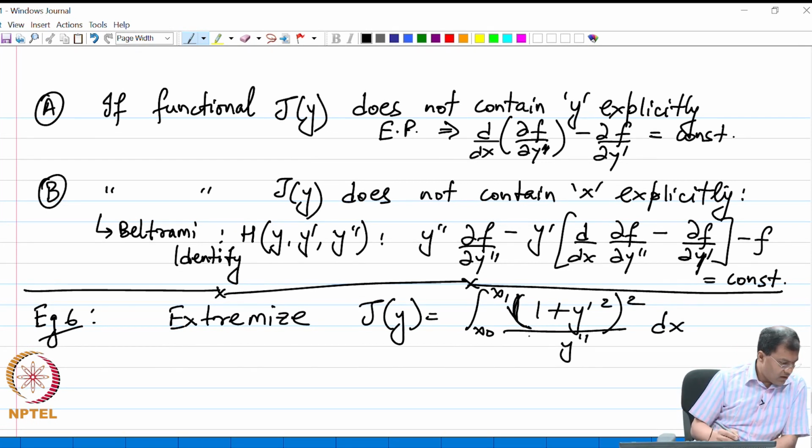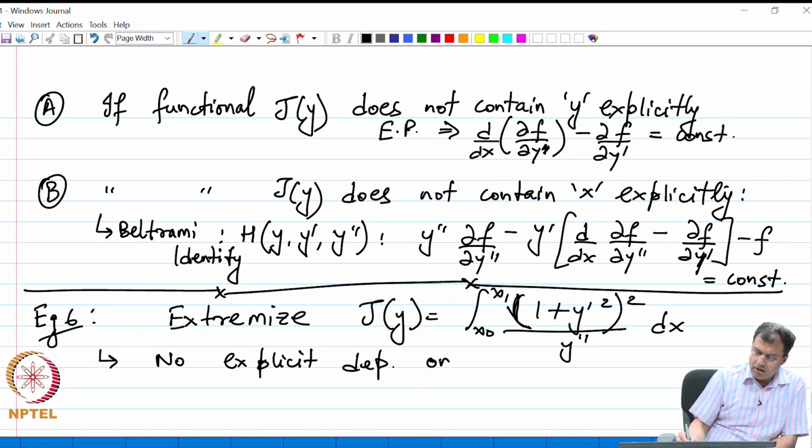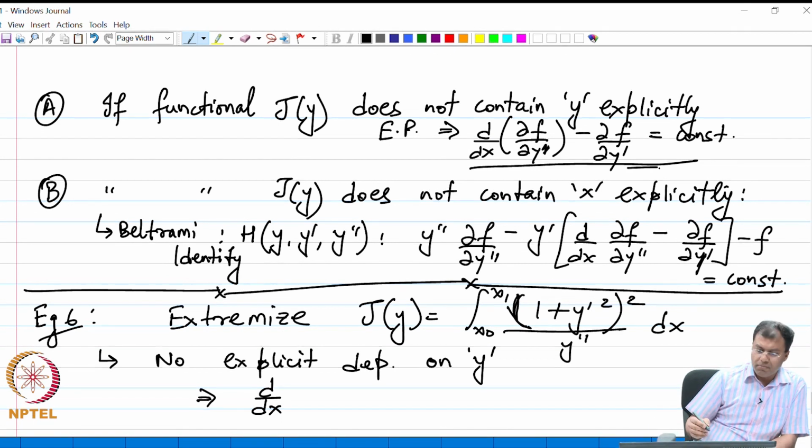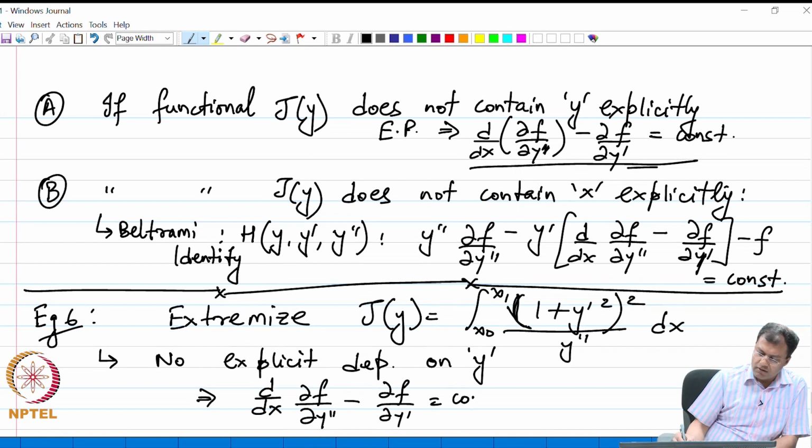So, what we see is no explicit dependence on y. My Euler-Lagrange, or Euler-Poisson, equation reduces to this underlined expression, which is d dx of del f del y double prime minus del f del y prime is equal to a constant.